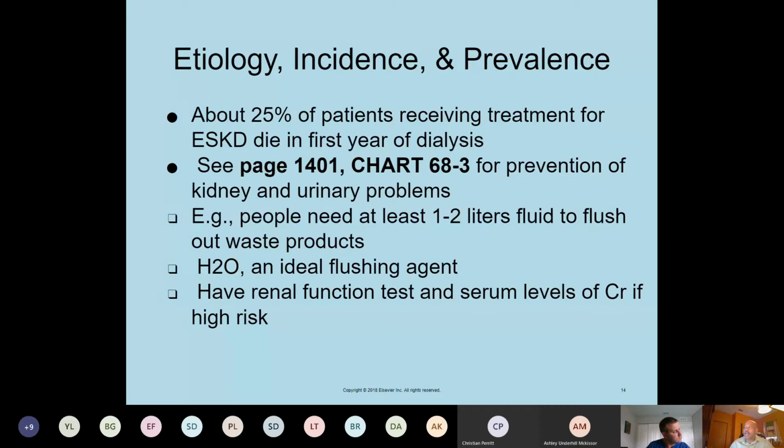They're not quite at the stage where they're not eliminating at all. So you can still prevent further deterioration, right? So water is an ideal flushing agent, as you read here. And they should also have their renal function tests and serum levels of creatinine done periodically to assess their status, see where they are.